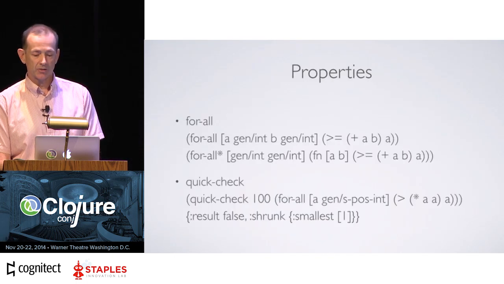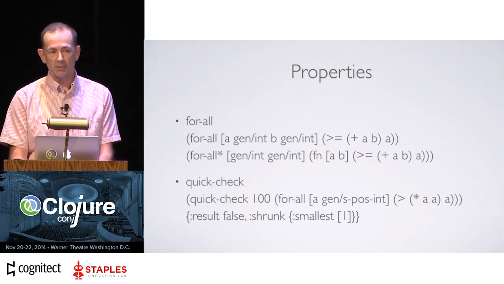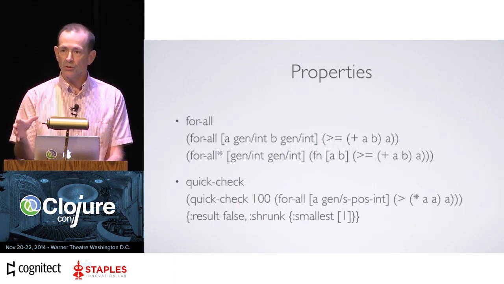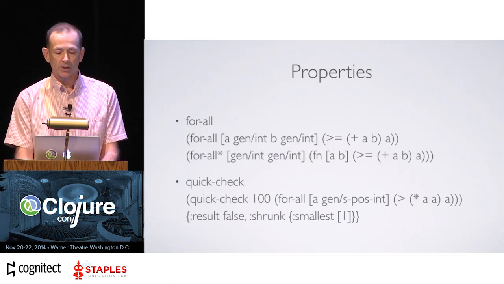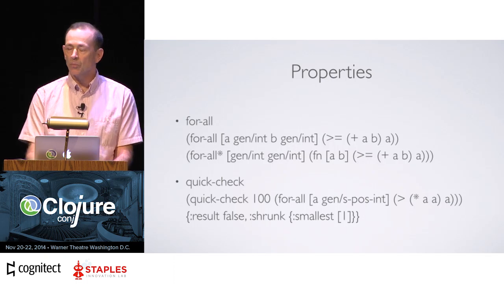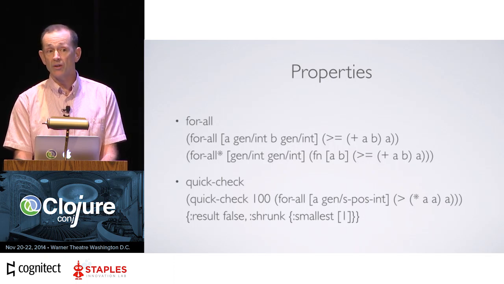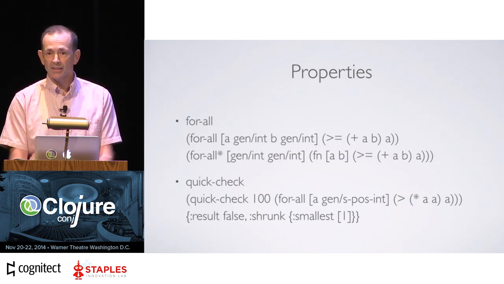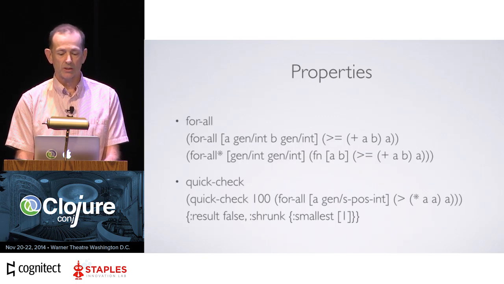Now, a few more details, getting into the properties. The basic macro that you want to use is for all, and that kind of lets you do let-style bindings. So in this first case, the A and the B are both integers, and our property, what we're trying to say is that the sum of A and B is always greater than or equal to the integer A. And that sounds plausible, but then when you think about it a little bit more, maybe that's not right, okay?